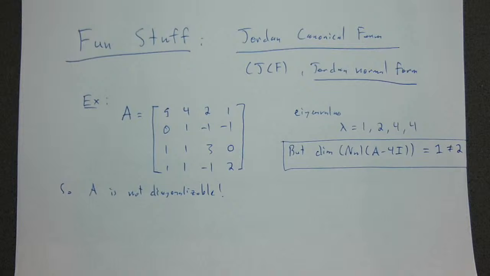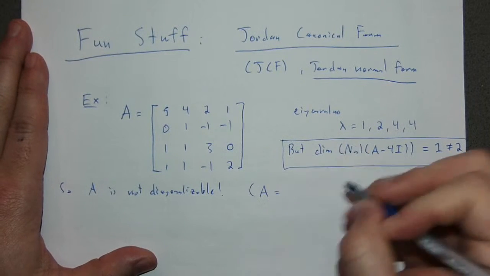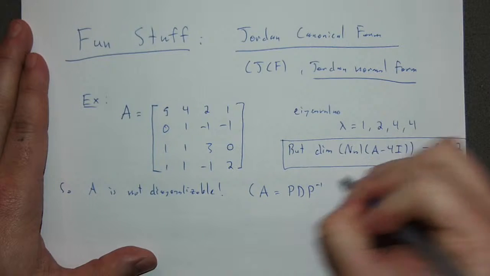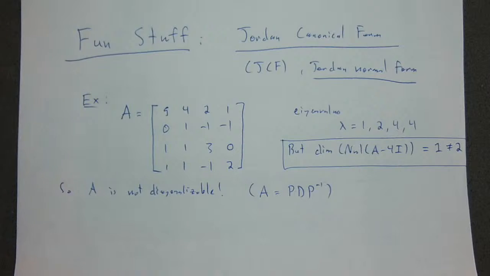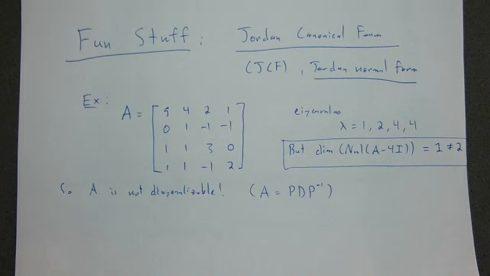For diagonalization, what we had is that our matrix A is equal to P D P inverse. So we had an invertible matrix P that diagonalized this matrix. And the reason that's so much nicer than an SVD conceptually is that this matrix P is actually a change of basis matrix.